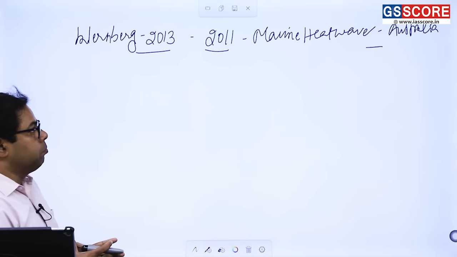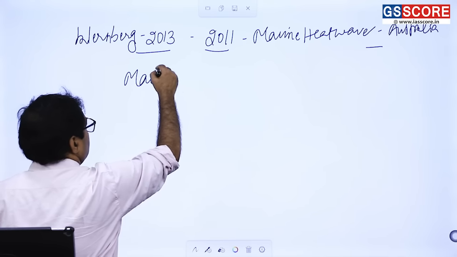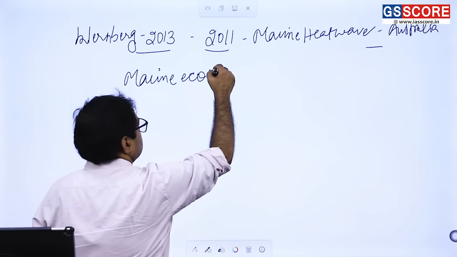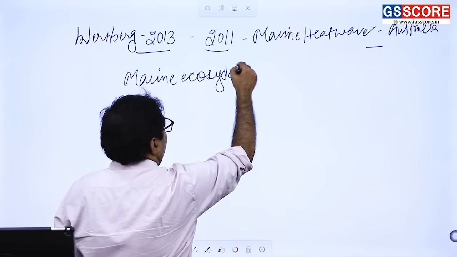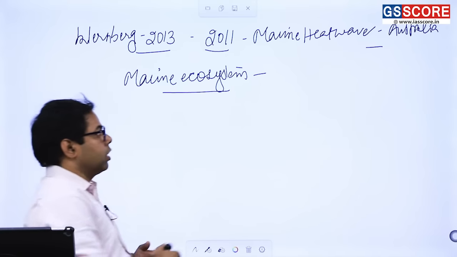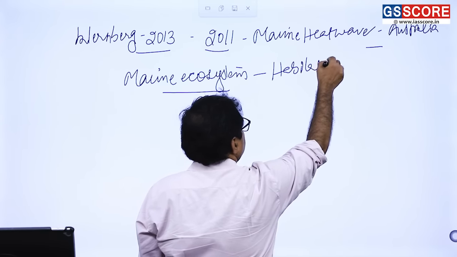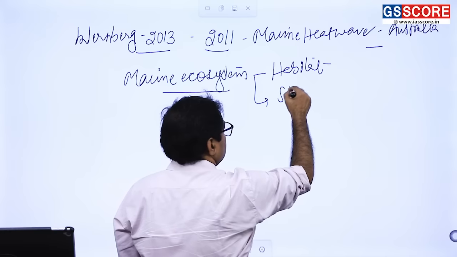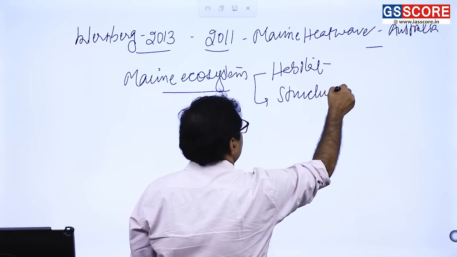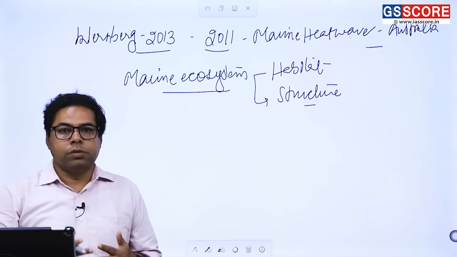So the marine ecosystem shall be adversely impacted in terms of its habitat, and the structure of the ecosystem shall be disturbed.